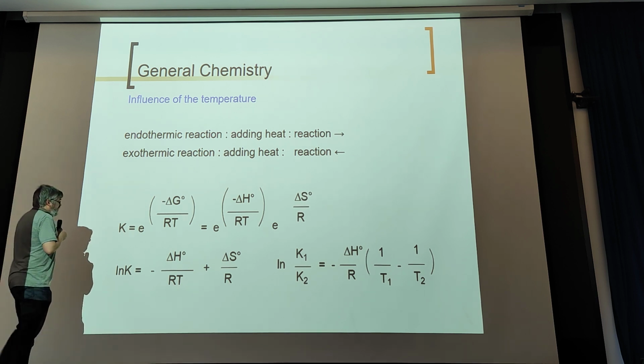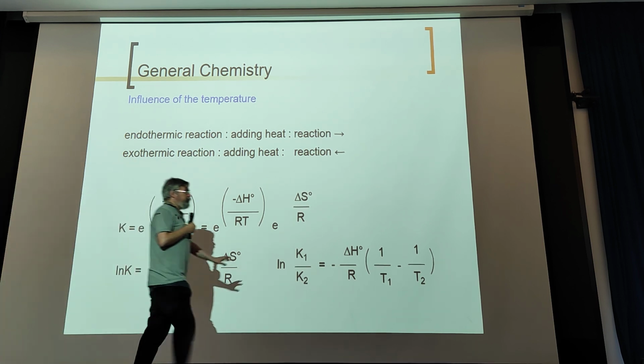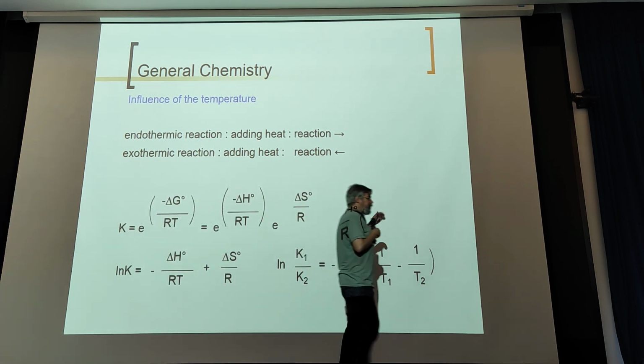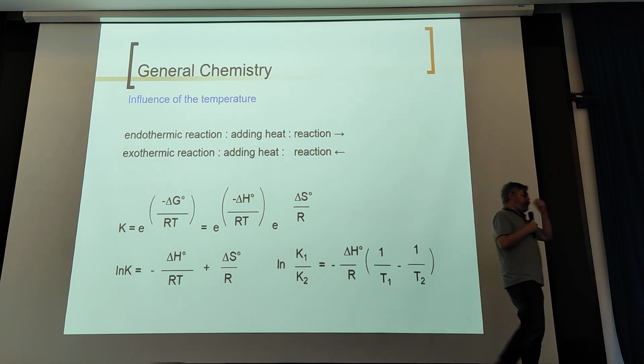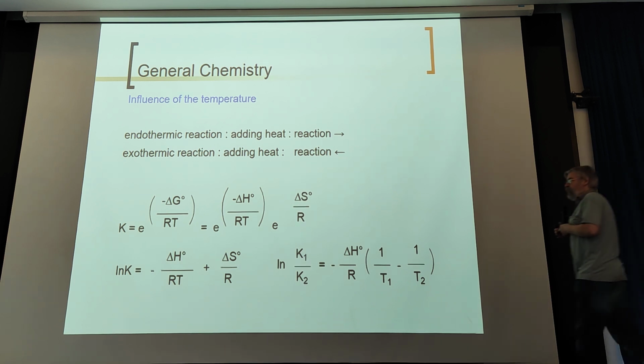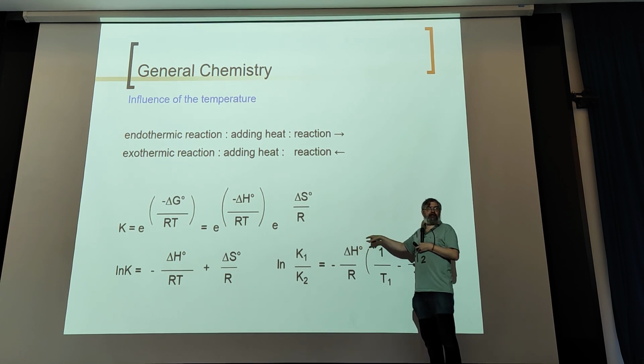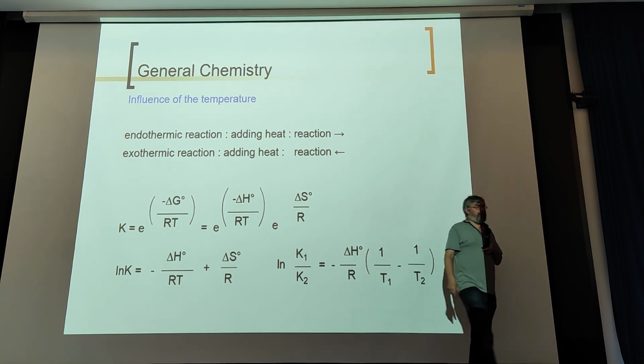We can also write this as an ln K. So, this expression, you might be reminded of the expression we also have for the kinetics with small k. With a small k, we have the same ln k1 over k2, but then delta H was the activation temperature. So it's exactly the same.